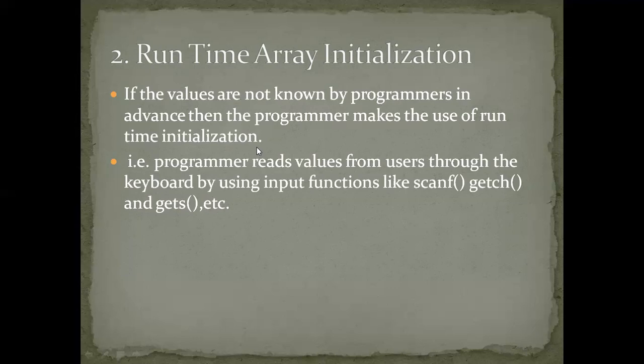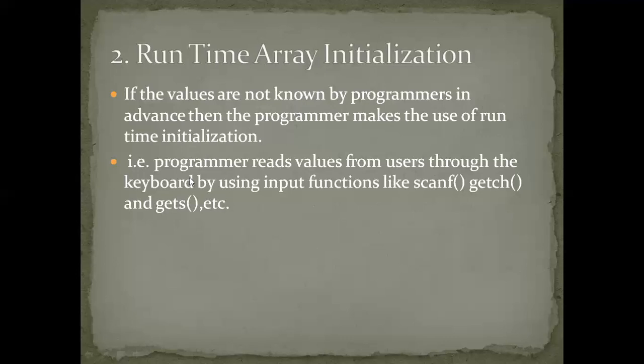Understood this? It's very simple. In compile time array initialization, when we know the values in advance, we go with compile time array initialization. Suppose the values are not known by the programmer, then we go with runtime array initialization.